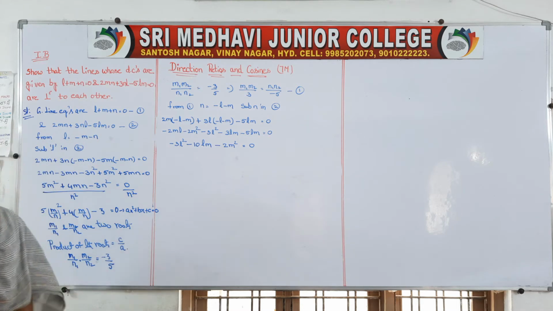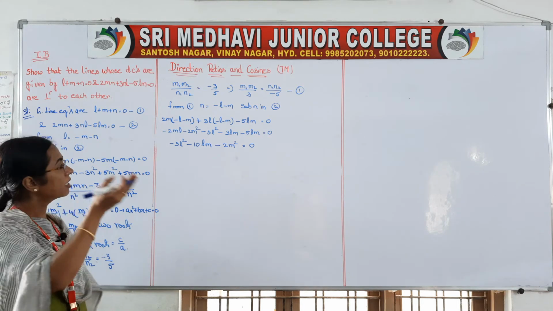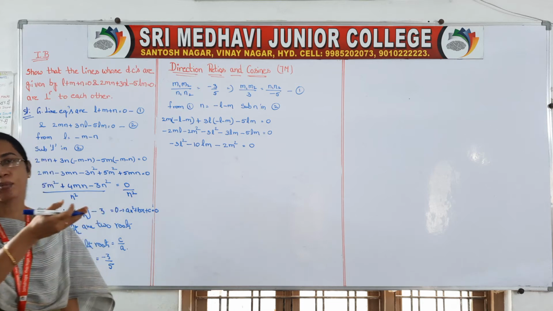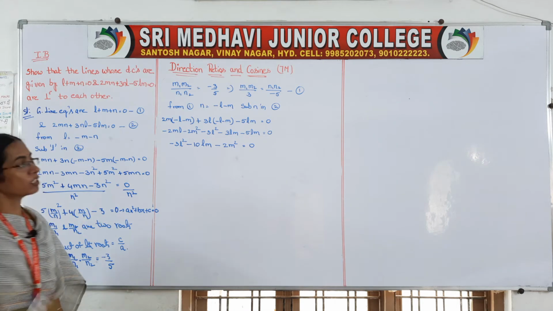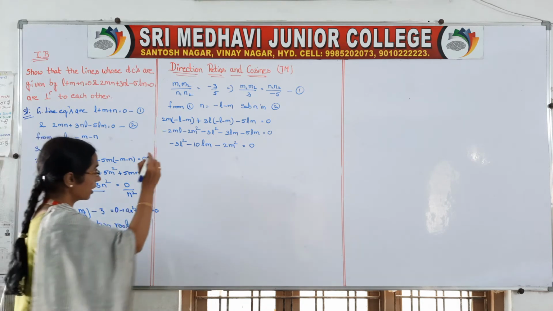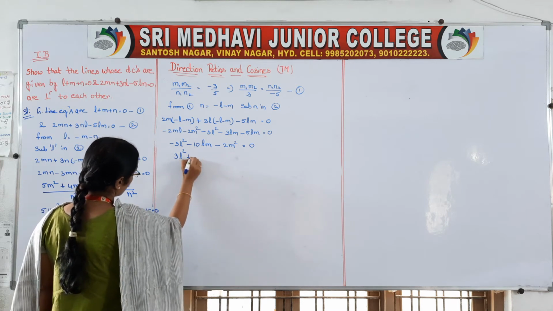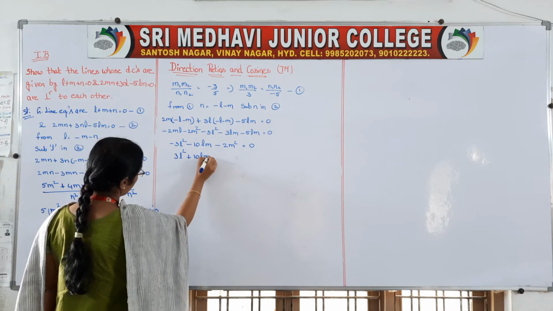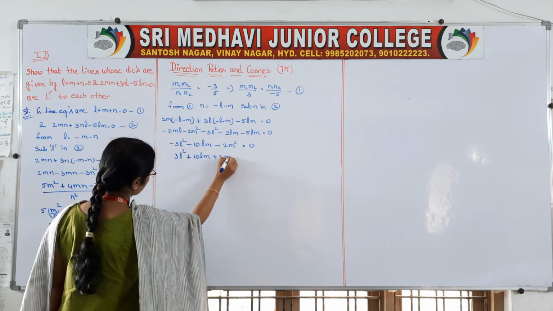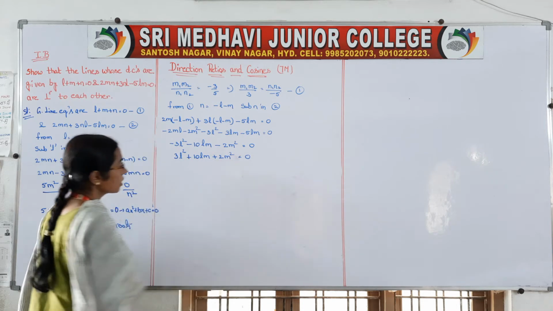The negative sign can be taken common, that is, minus 1 is taken common and sent to that side, and 0 by anything is 0 only. So your equation will be 3l square plus 10lm plus 2m square is equal to 0.